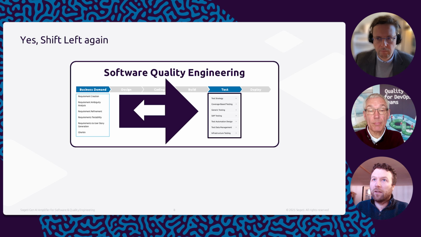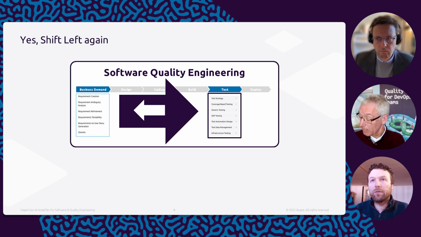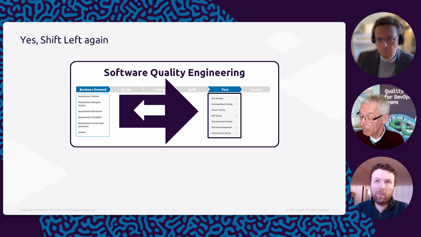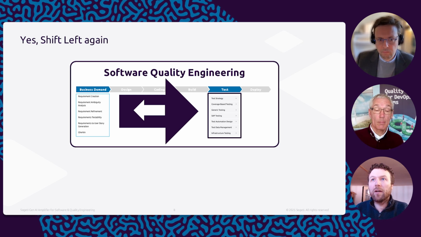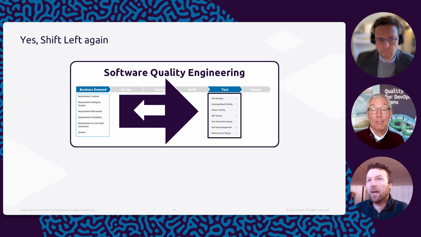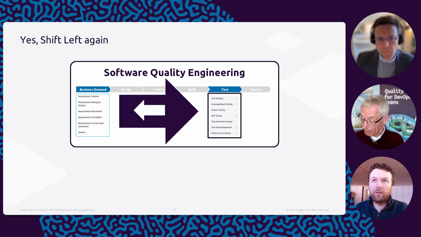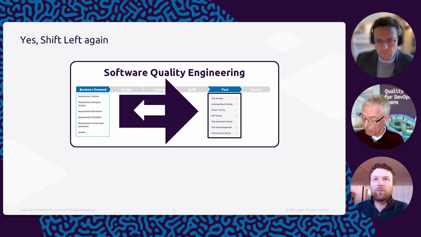As mentioned, business demand, the requirements creation, is also in the Amplifier. For today's session, we will focus mainly on the test use cases, mainly test advisory and test design. But be aware that it also helps you to really benefit from shift left.